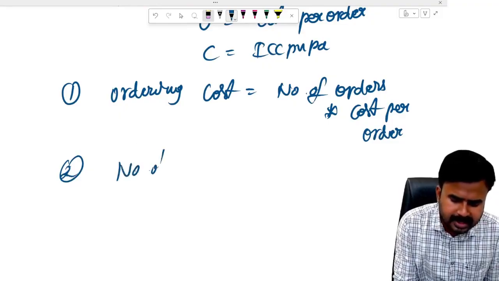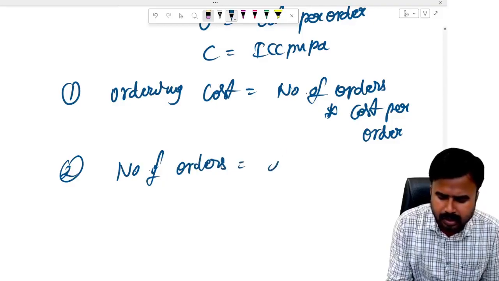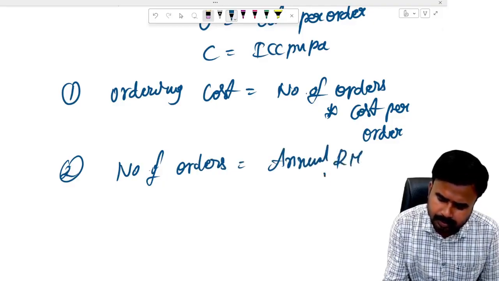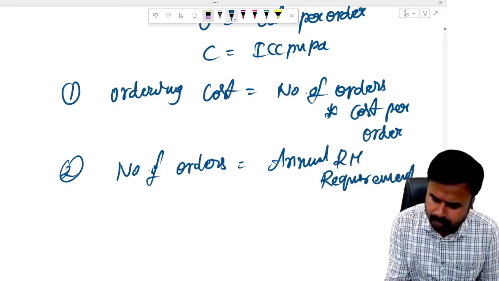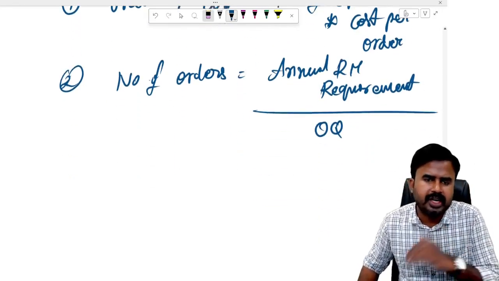Number of orders is equal to annual raw material requirement divided by OQ, ordering quantity. That can be OQ or any other ordering quantity.